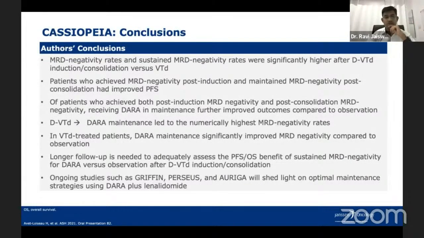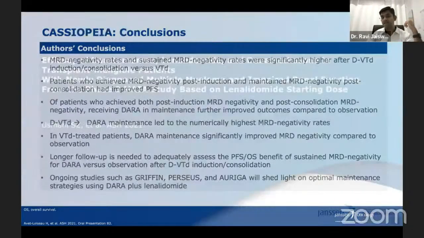And the conclusion of this study was that the MRD negativity was higher in patients post-induction, post-maintenance, and at this point in time, remember, we don't know actually whether this MRD negative status translates into overall survival or not. And there are studies ongoing to answer this question.